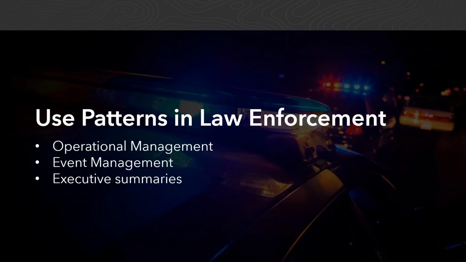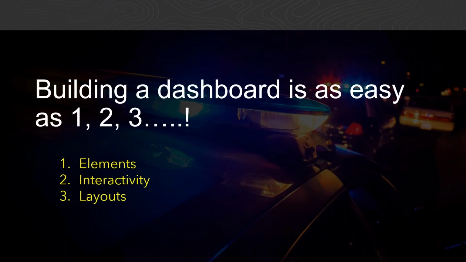And the best news is that building a dashboard, once you've got your data organized, is actually as easy as 1, 2, 3. 1, 2, 3 being picking the elements that you need to tell your story in the dashboard, deciding how you want those elements to interact with one another, and then how you want your layout to look in the style of your dashboard.